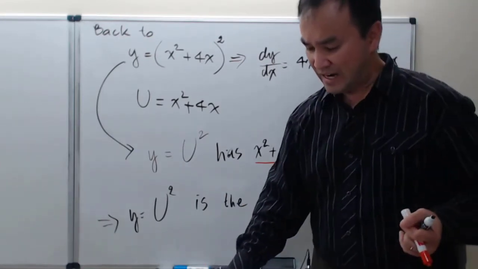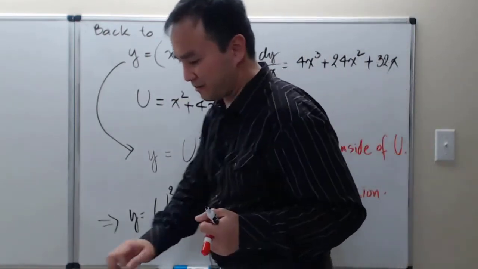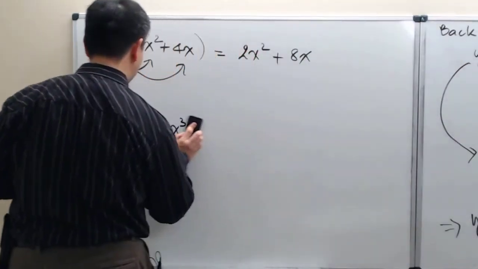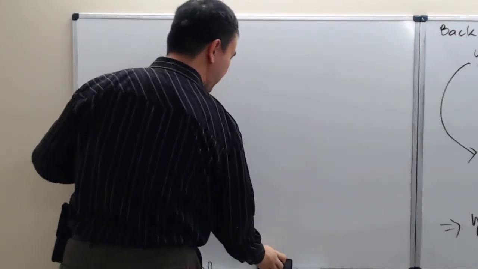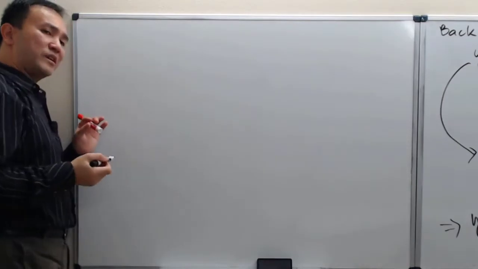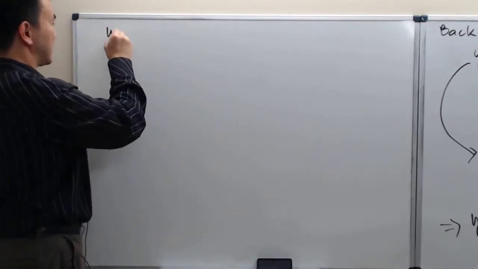Or another way of thinking about it. Let me get into the other board right here. Okay, so I talked along with just that idea, I'm talking about inside and outside. Let's look at that function again.